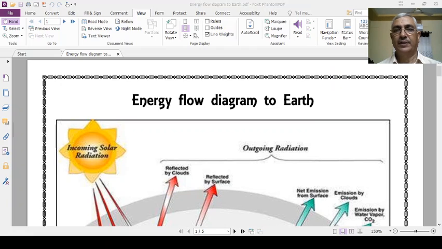In this class, I will discuss the energy flow diagram of the earth. This is a topic in the renewable energy paper of physics in the sixth semester of BSc students.